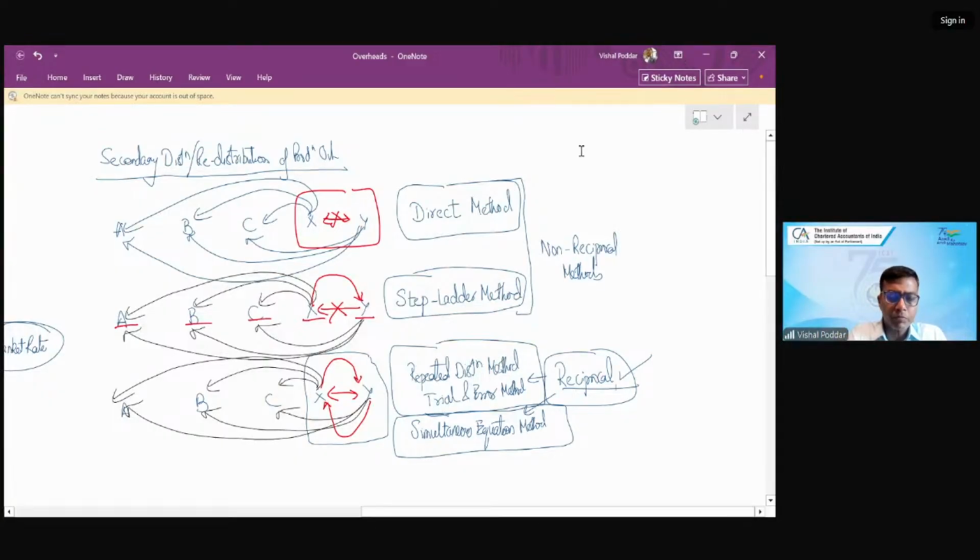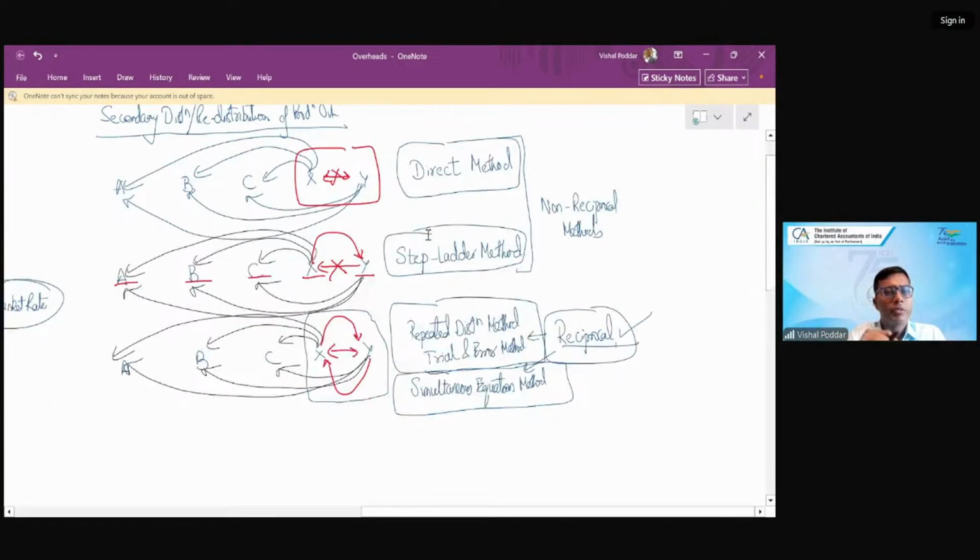Like here, for this secondary distribution, we have four methods falling in three categories or three scenarios. I will take one sum. Now, technically, there is not a possibility where one sum will cater to all the three situations because the situations are different. It means practically the sums are different.